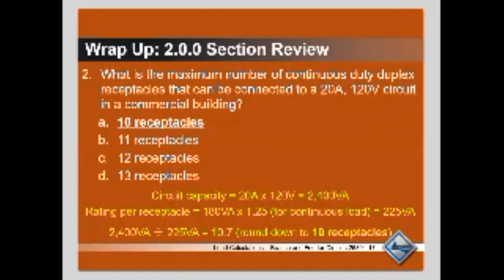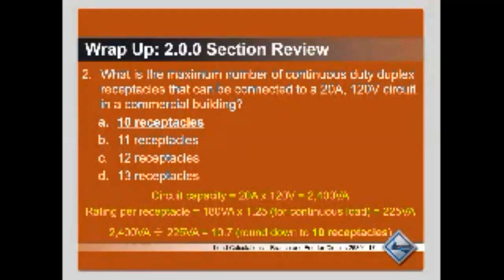All right, so I take that 225 volt amps and I divide that into, what did they say a while ago? 2,400. So I've got 2,400 volt amps divided by 225 volt amps.